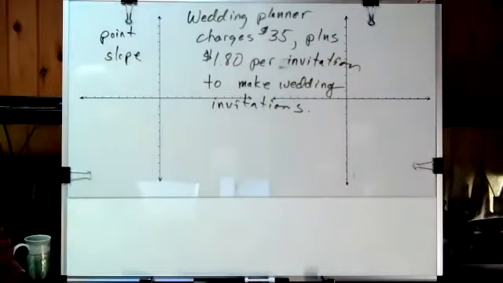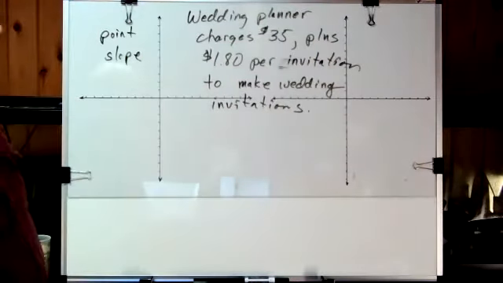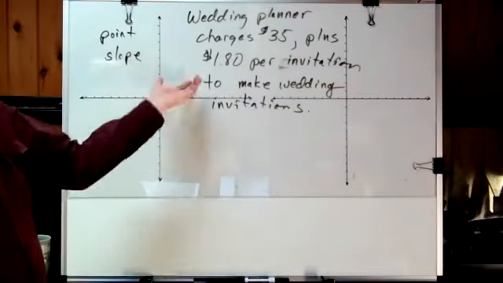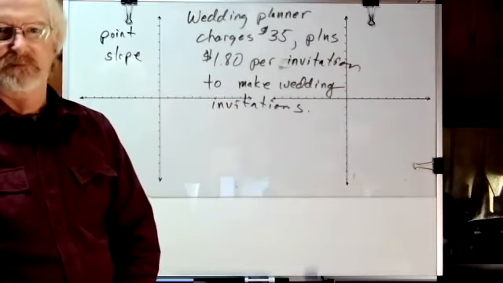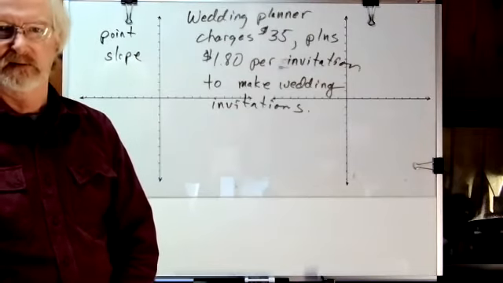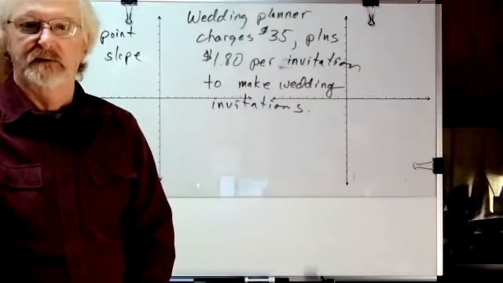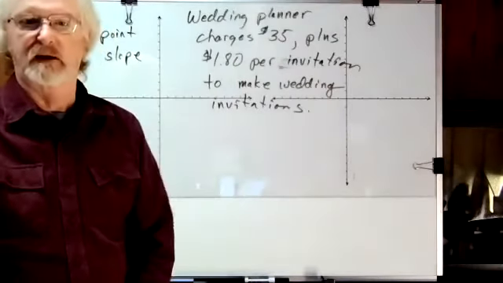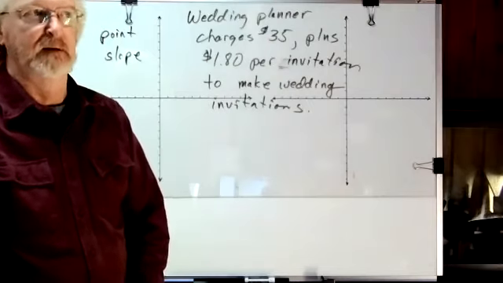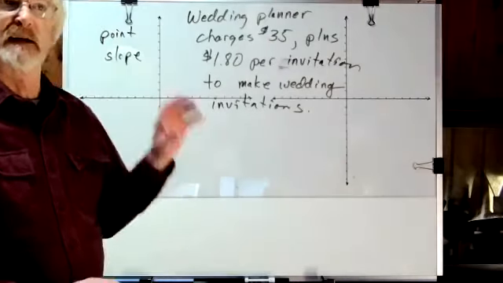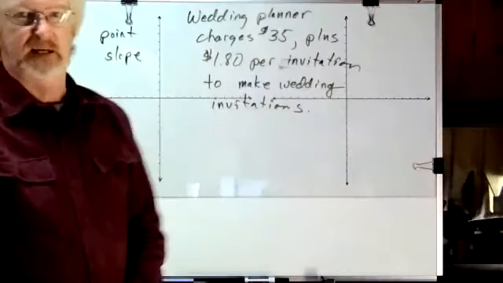I wrote it out. A wedding planner, or maybe stationery, whatever, charges $35 plus $1.80 per invitation to write your wedding invitations. Write the equation that you could use to describe your cost for a certain number of wedding invitations, an equation that describes the final cost in terms of the number of invitations.